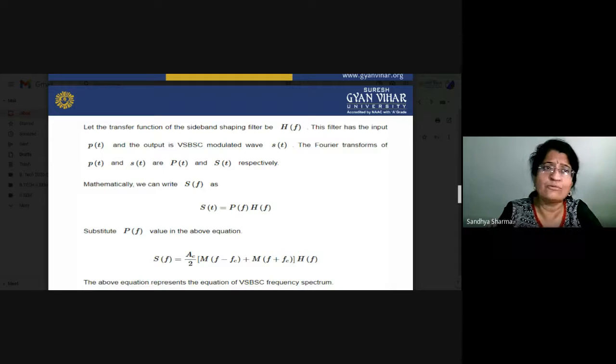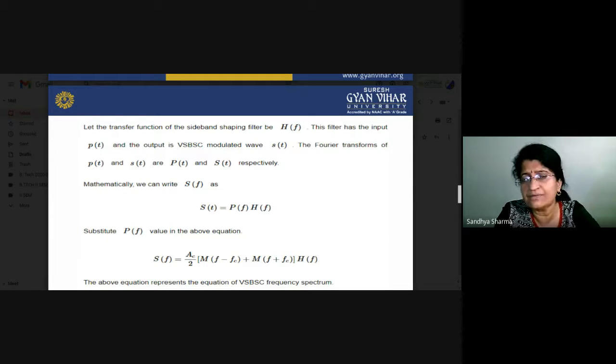But we don't want to compromise much with the quality of signals, and we don't have sufficient bandwidth. So we have to find an intermediate point: how we can reduce the bandwidth and maintain the quality of signals, with the bandwidth requirement reduced with respect to DSB.